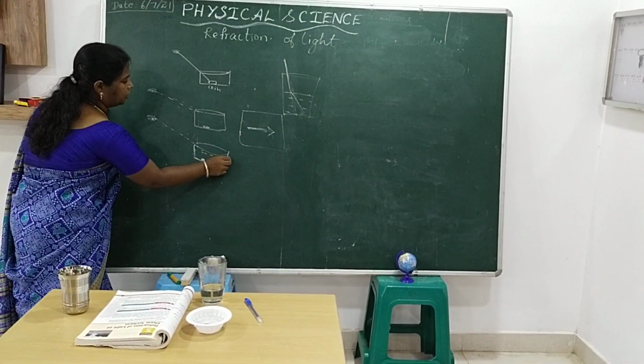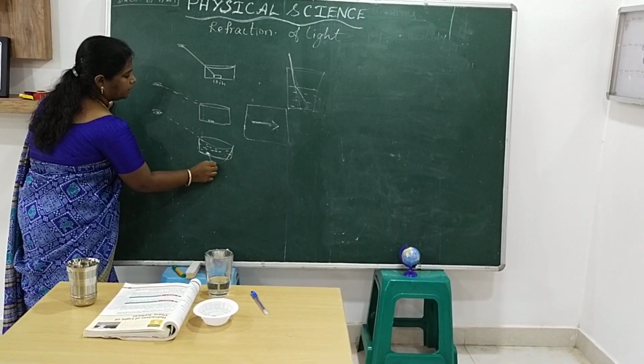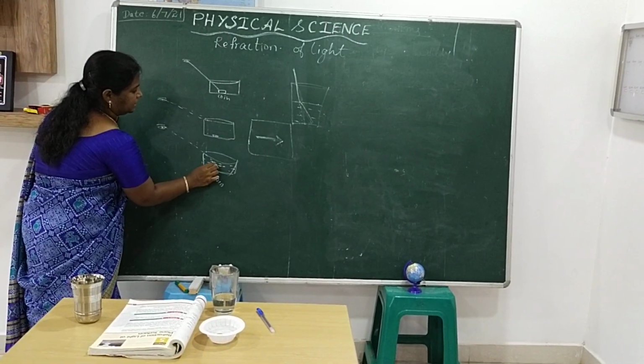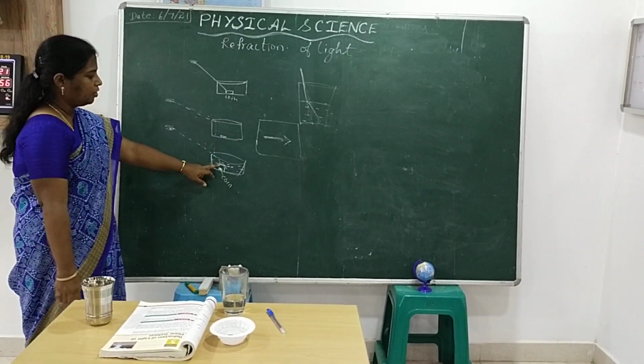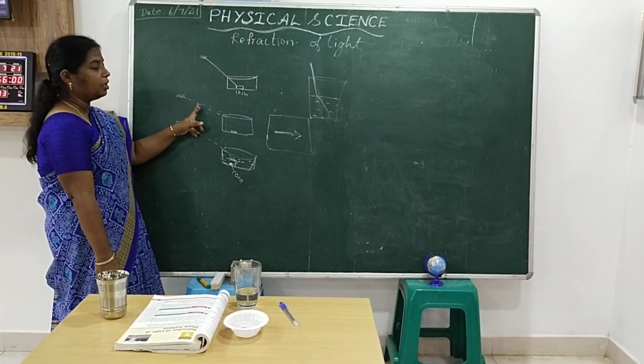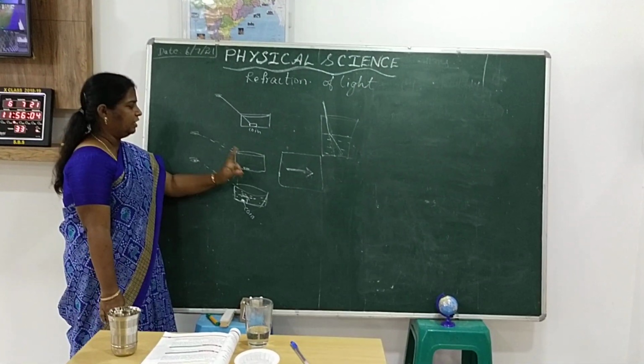When it is filled with water, you are able to see the coin nicely from this position, from where you were unable to see it when the water was not present in the vessel.